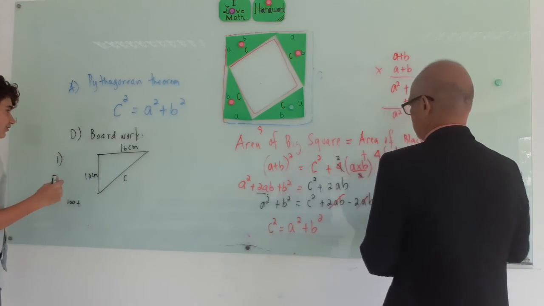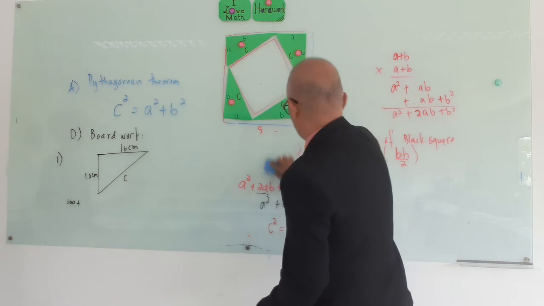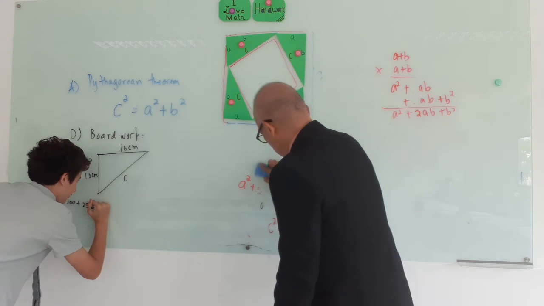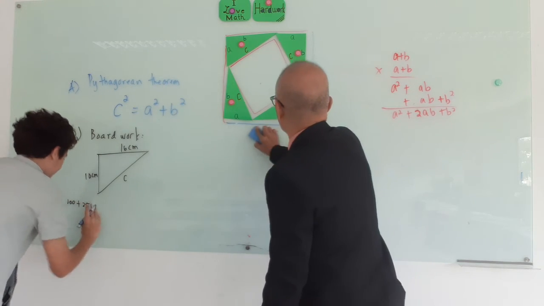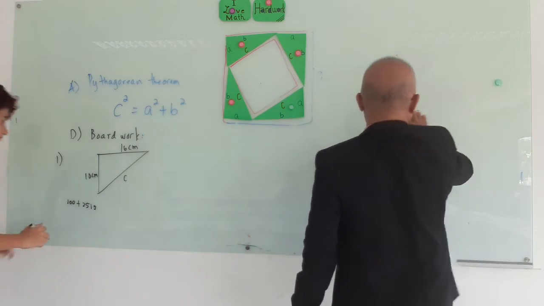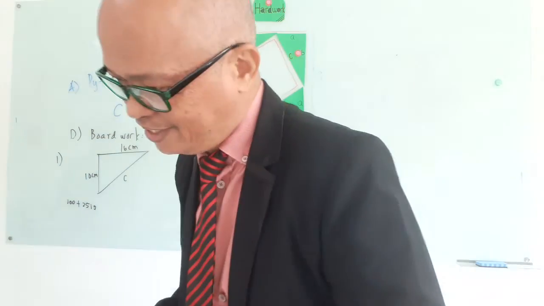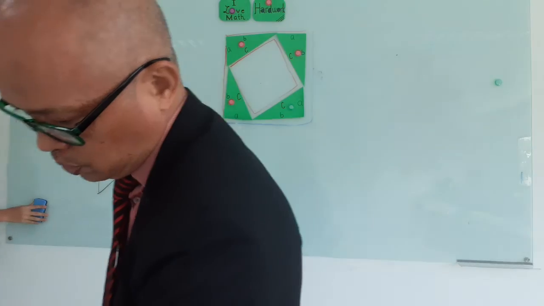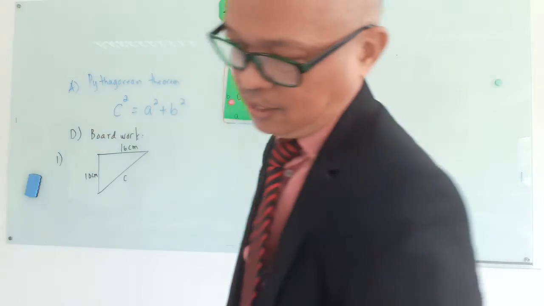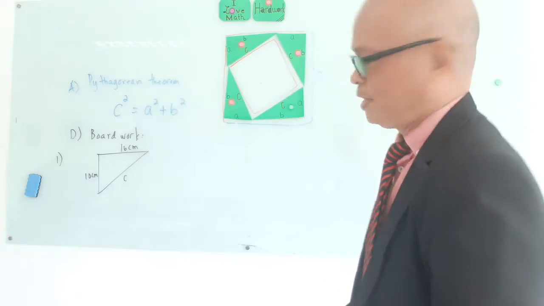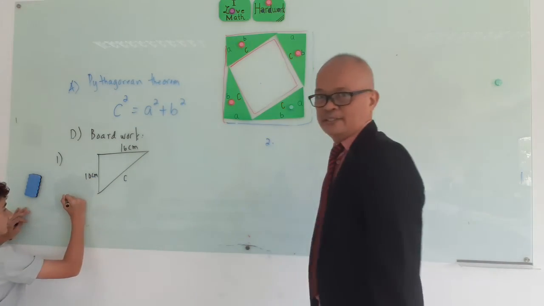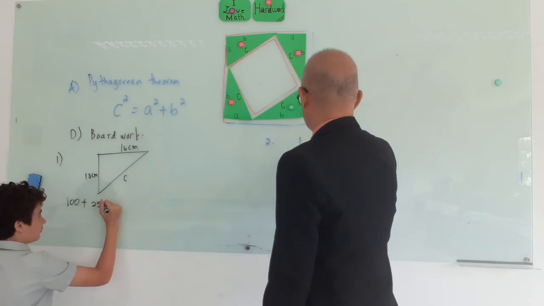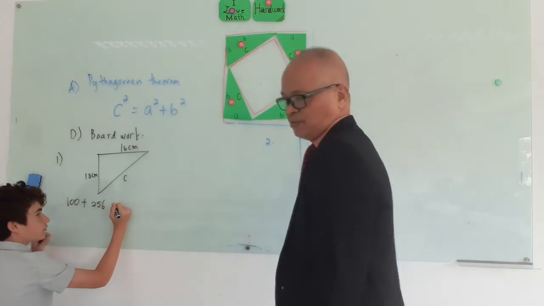I'm trying to see how to do this. If you have your calculator, please use it. Oops, mistake. Sorry. All right. Next. So 2, 5, 1, 5. Square root, right?